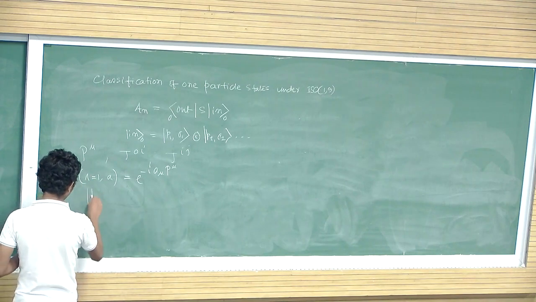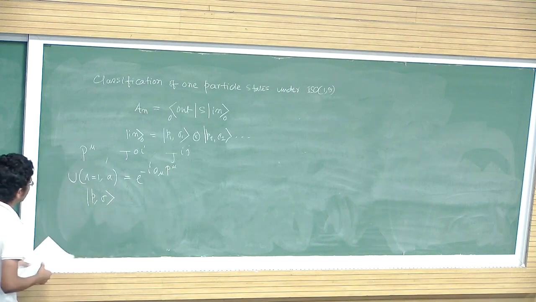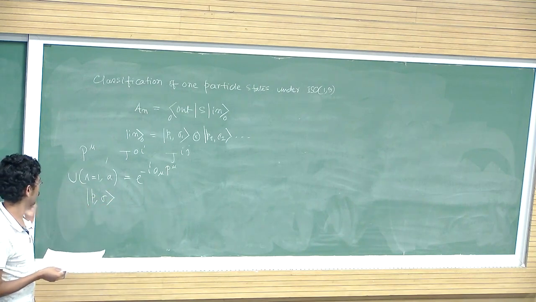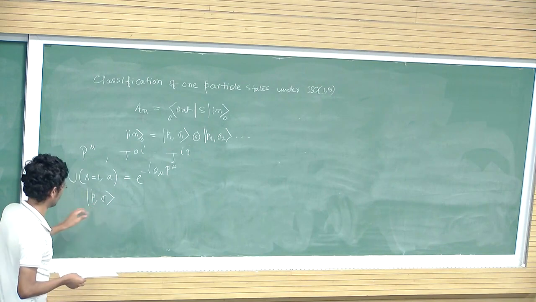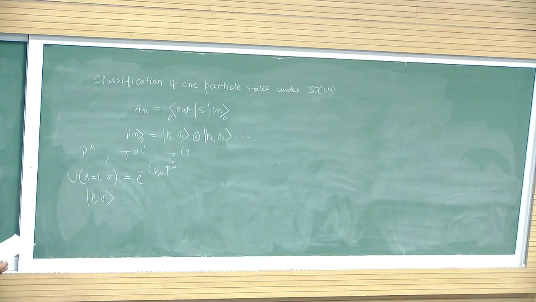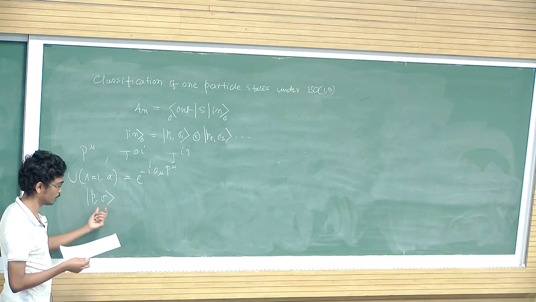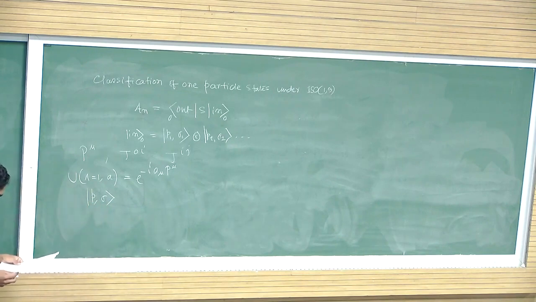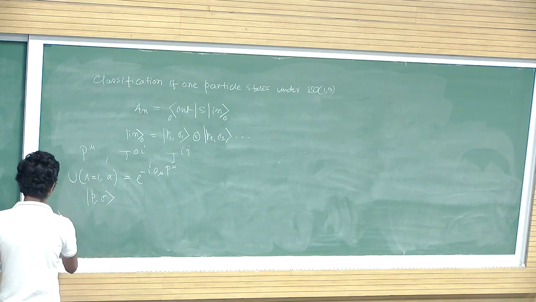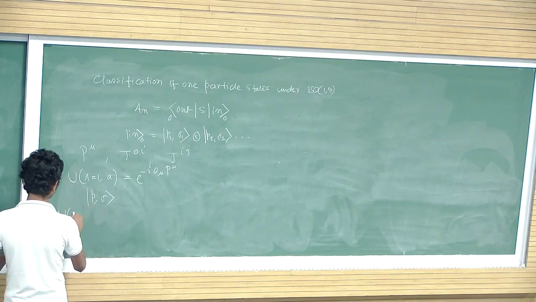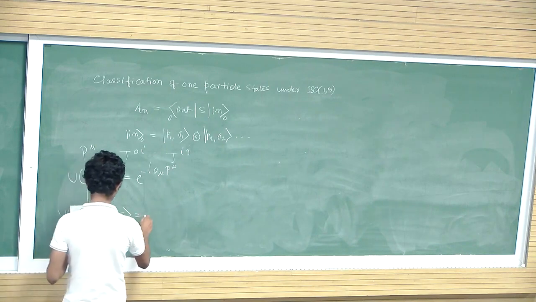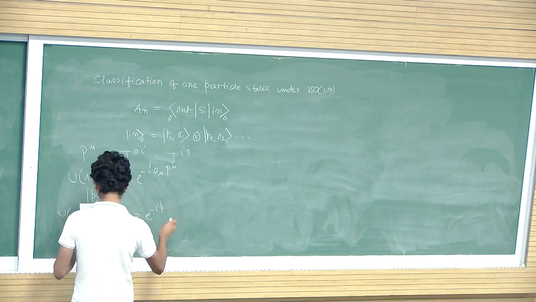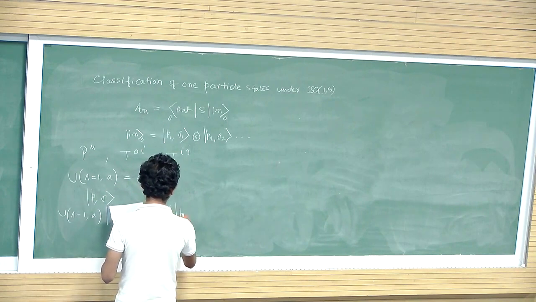I write them as |p, sigma>. Throughout all my lectures, I will only be talking about massless particles. So p is the momentum of the massless particle, that is the null momentum, and sigma is some other label apart from this momentum. This translation operator acts on |p, sigma> as just a phase factor.